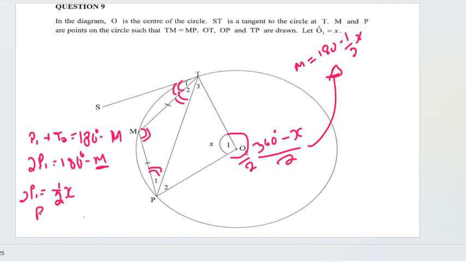That tells me that my P1 here is equal to 1 over 4 X. Since now my P1 is equal to 1 over 4 X, it is also equal to my T1. The reason is the tan-chord theorem. Therefore, the whole thing is proven.